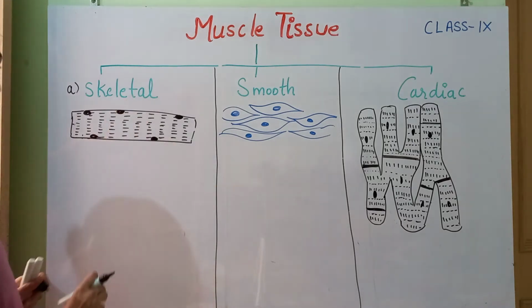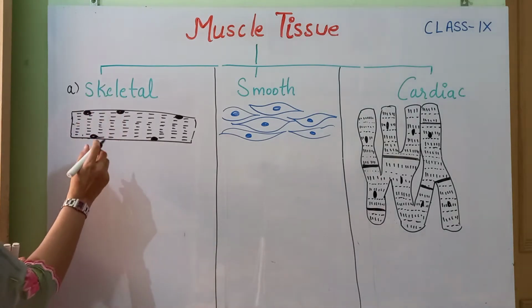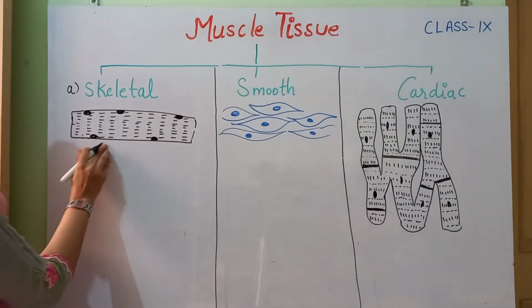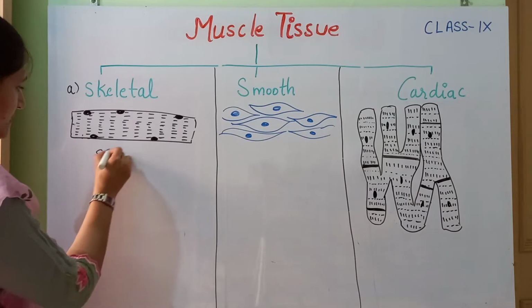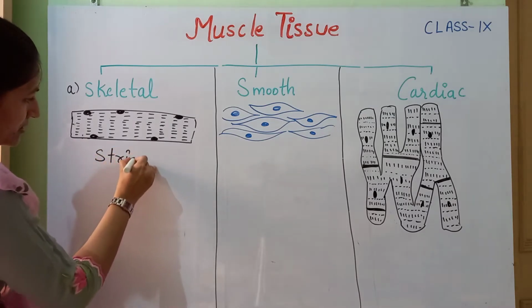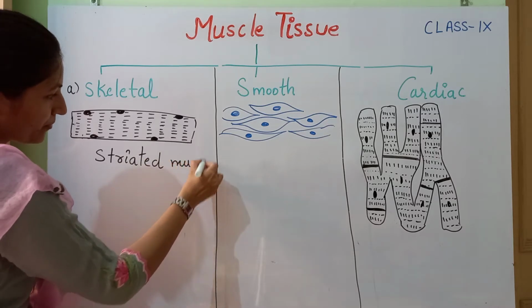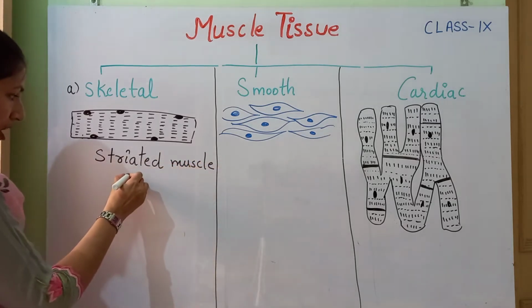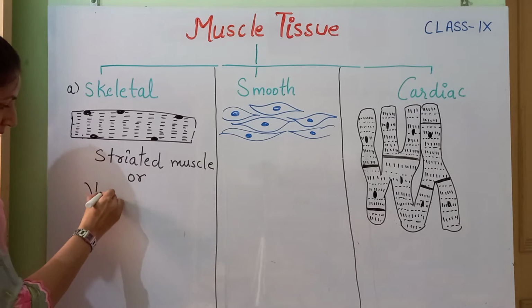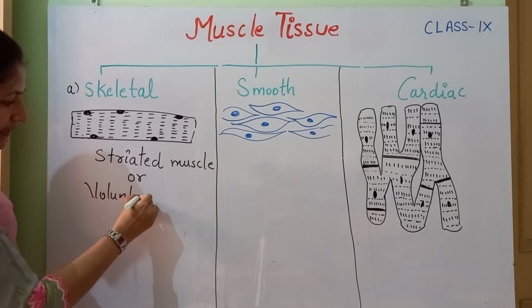The skeletal muscle, they are also named as striated muscle, or we can call them voluntary muscle.